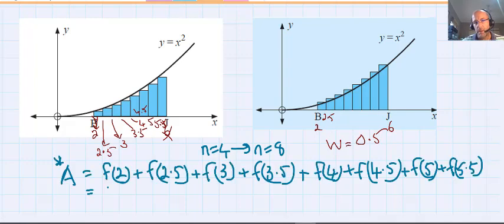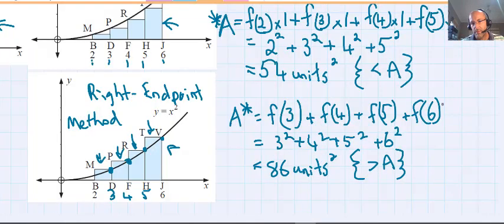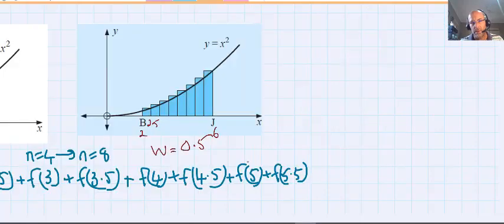Now I've written that out, but that's not complete yet, because we can't just do what we did up here, because the strip widths were 1, they're 0.5 now. Notice how there is a factor of the constant strip width with every term. Well, I can just factorize that out the front, but it's going to be a half, because the strip width is a half.